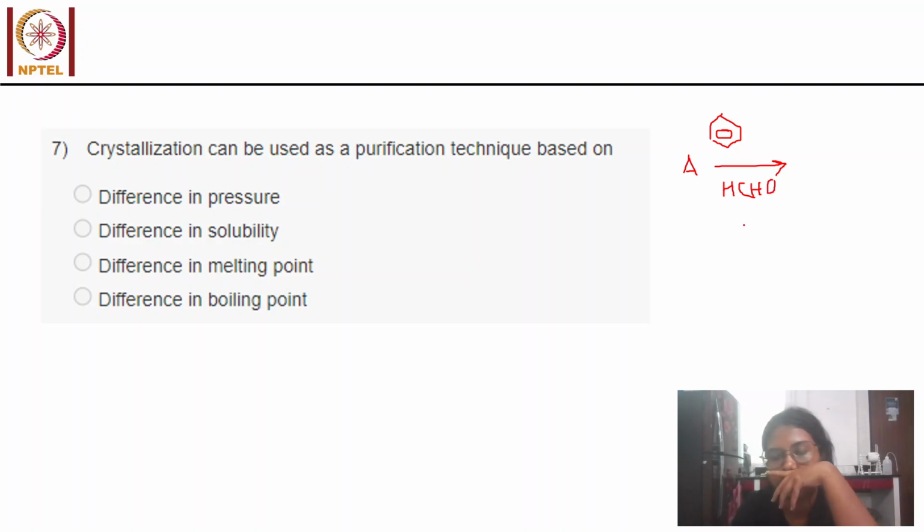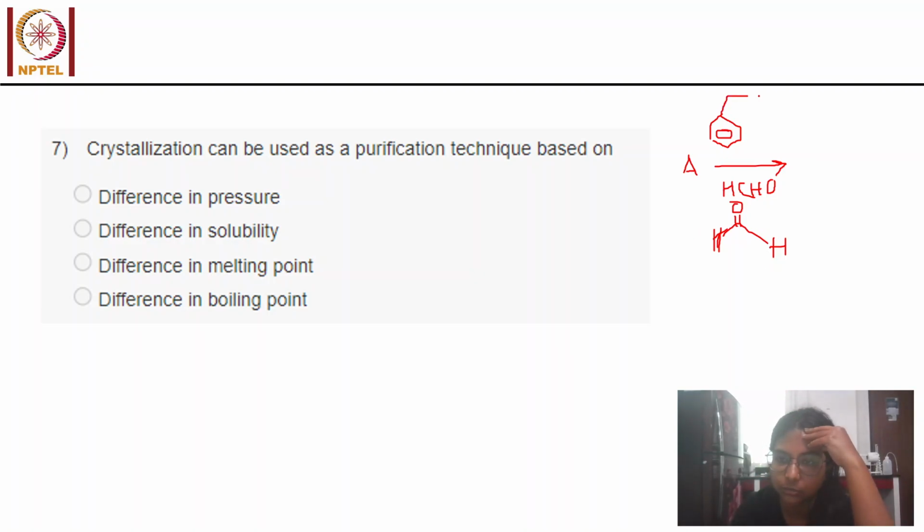What does HCHO do? The structure is like this: this is a carbonyl, and this is one hydrogen, this is one hydrogen. Formaldehyde is a very good agent to cause alkylation with a CH2 methylene.